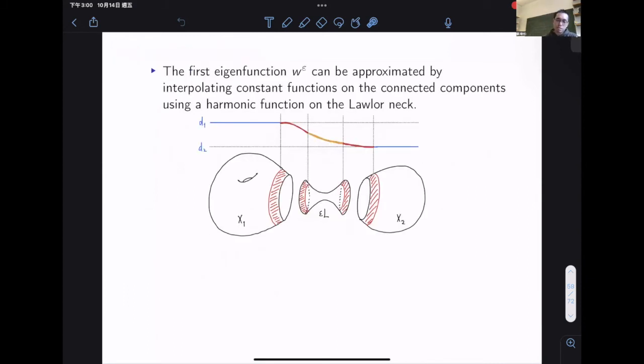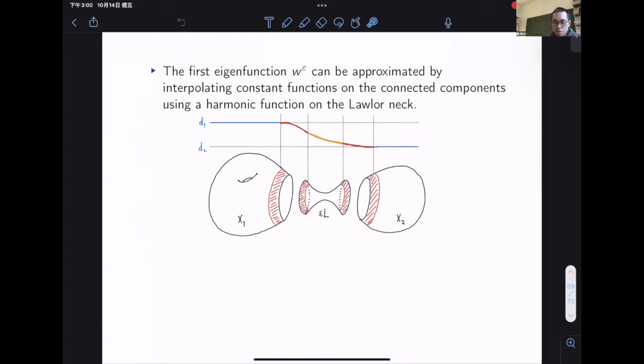Here you can sort of visualize the first eigenfunction. The first eigenfunction can be approximated by interpolating constant functions on each connected component using a harmonic function on the Lawlor neck.